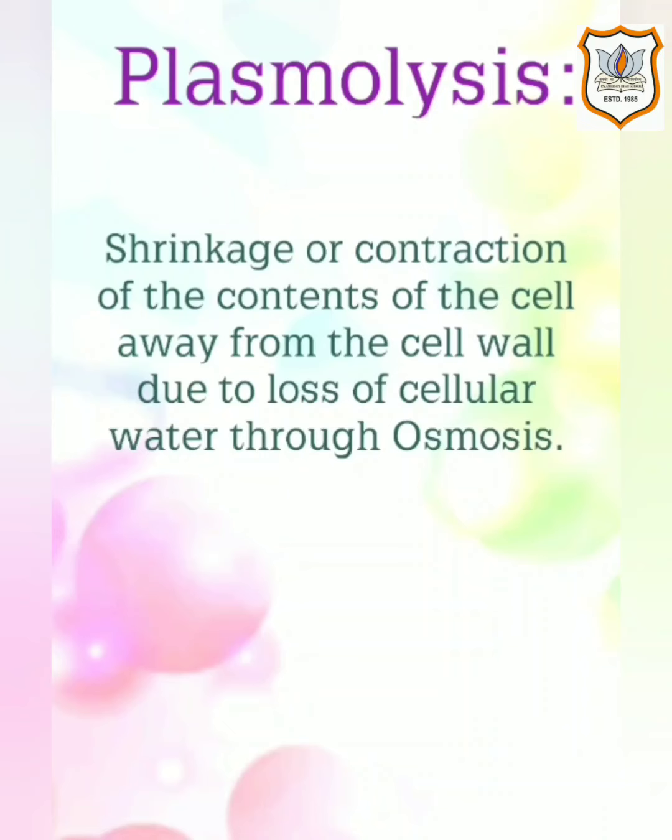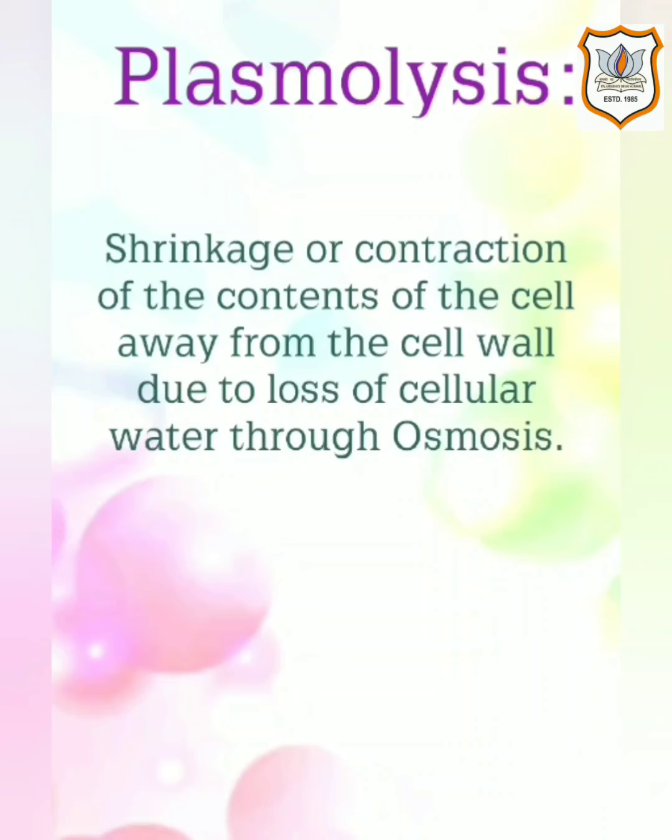Now, cell walls permit the cells of plants, bacteria and fungi to withstand very dilute hypotonic external media without bursting the cell. In such media, the cell takes up water by osmosis.